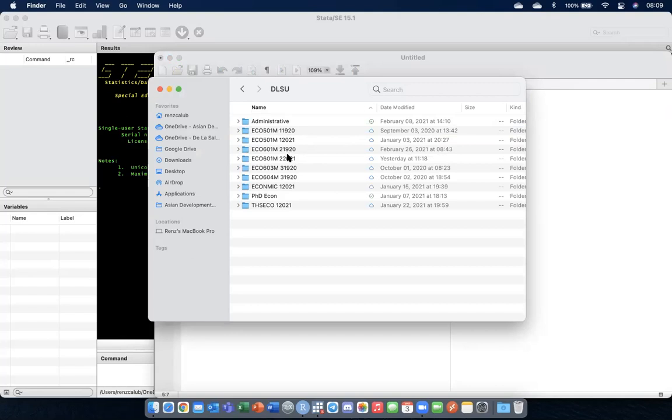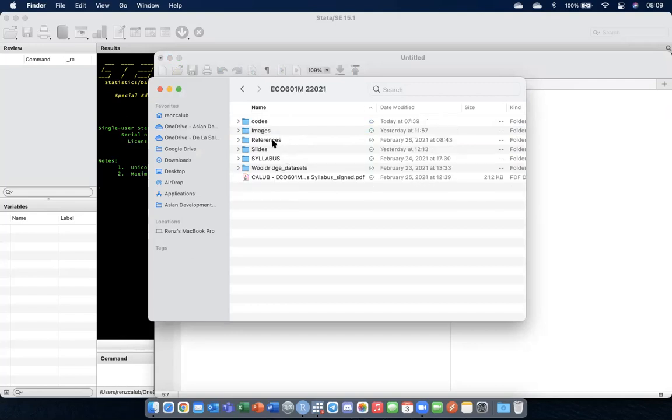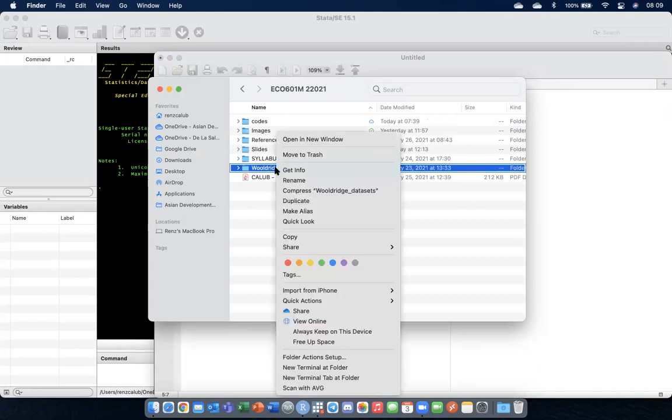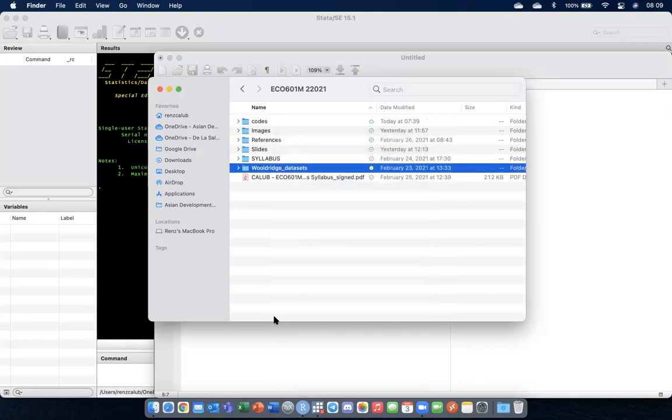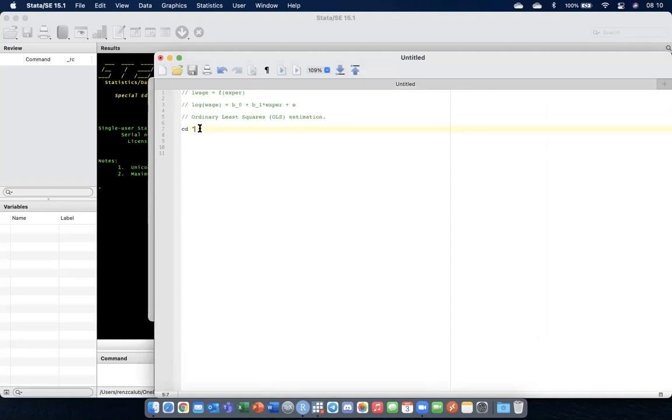We have here these folders. Let's pick this folder, because this contains the wage data. Let's paste this. And let's say that we have an existing data on wage named wage1.